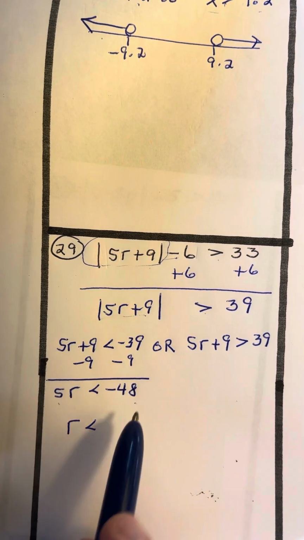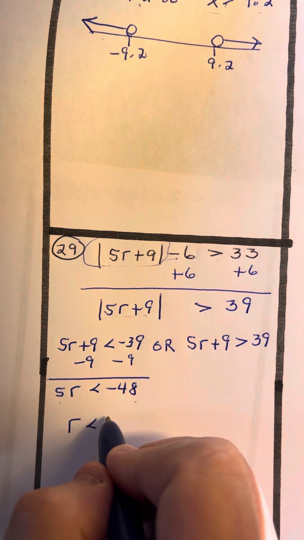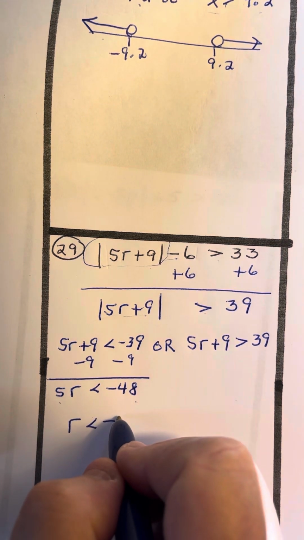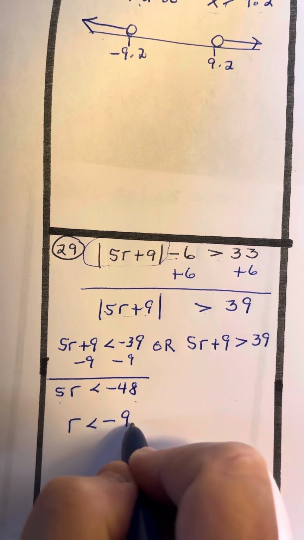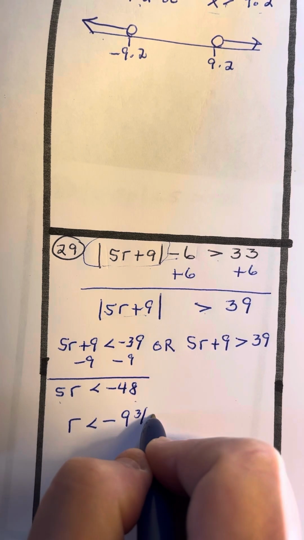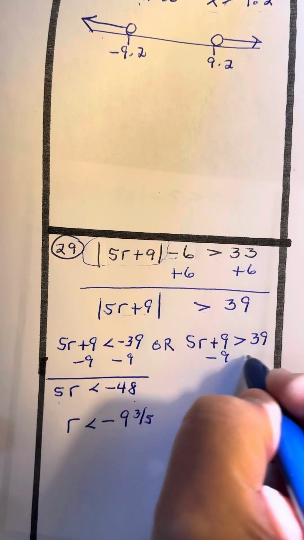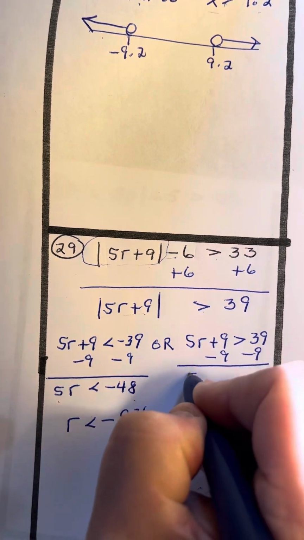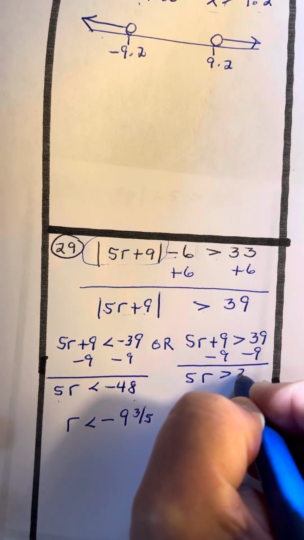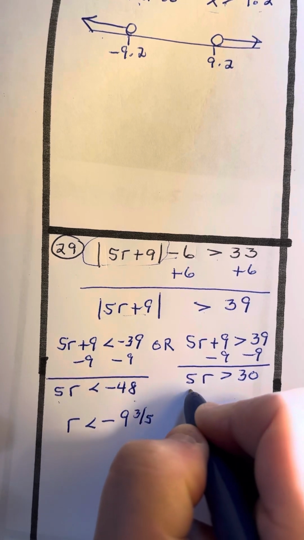Okay. Divide by 5. It's not an exact number. 45 is 9 3/5, so if you want to make it a decimal, be my guest. Okay. And the other side. Divide by 5.